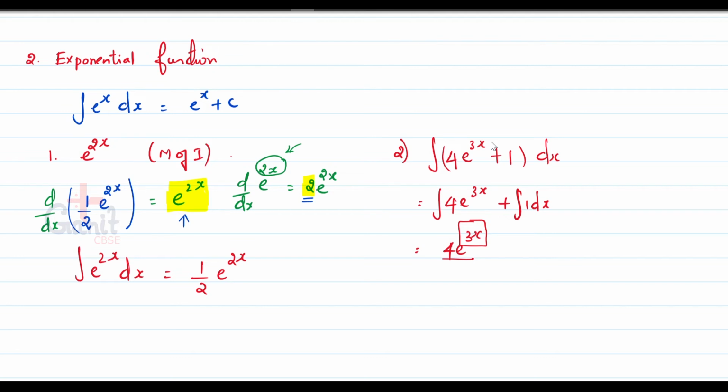In differentiation, you differentiated the power and wrote it in front of e to the power 2x, but here I have to write it as a denominator. So differentiate 3x, you will get 3, and write it as a denominator. Then the integration of 1 dx, or integration of dx, I will get x plus c.